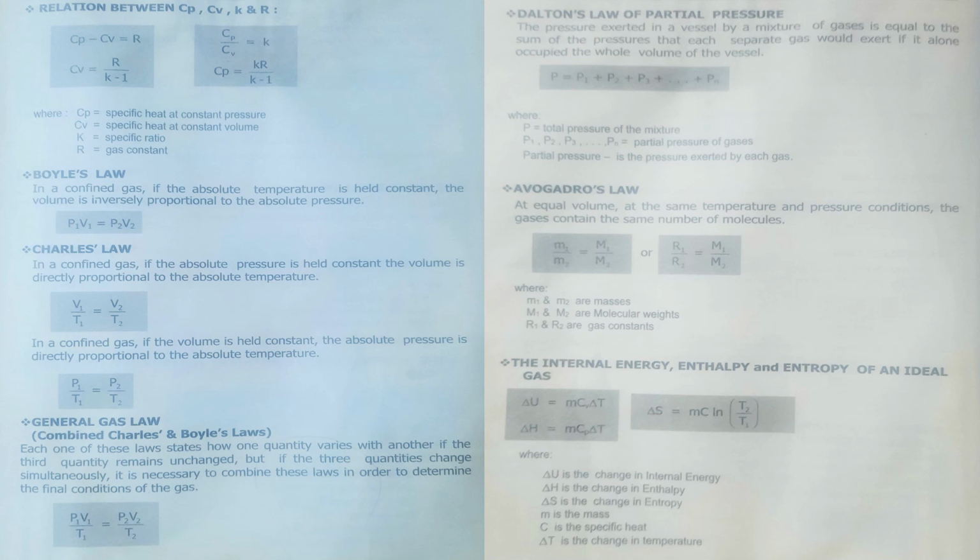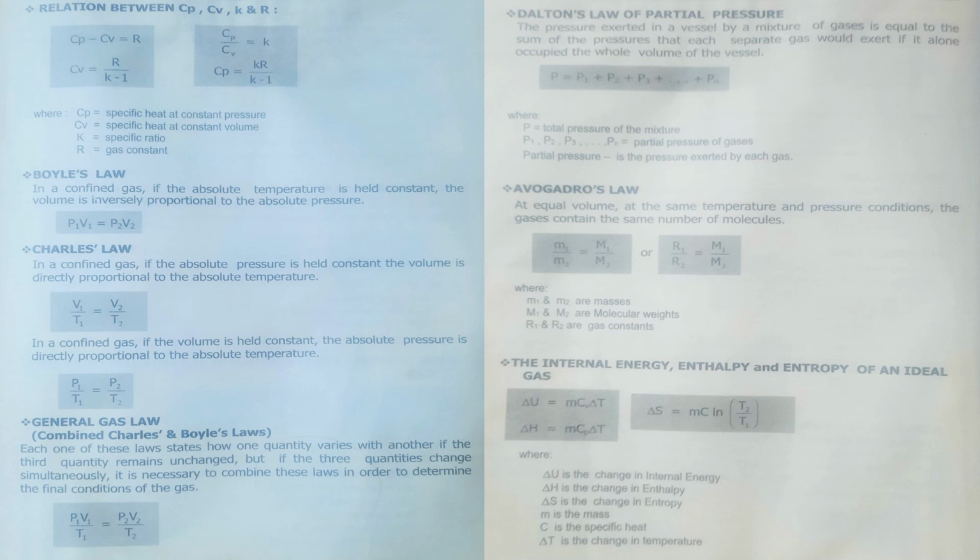And the general gas law, combined Charles' and Boyle's law. Each one of these laws states how one quantity varies with another if the third quantity remains unchanged. But if the three quantities change simultaneously, it is necessary to combine these laws in order to determine the final condition of the gas.